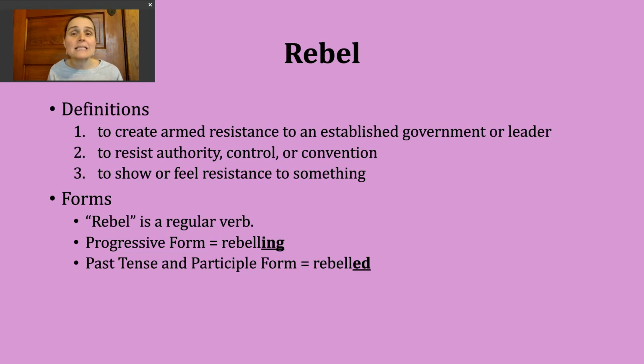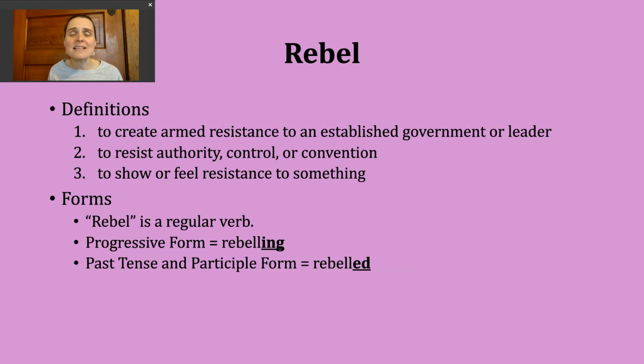The past tense and participle forms of this verb can be made by adding ed. Again, before I add that suffix, I need to double the ending consonant, the L here. And when I form this past tense word, rebelled, you might hear I'm making a D sound as I say it.